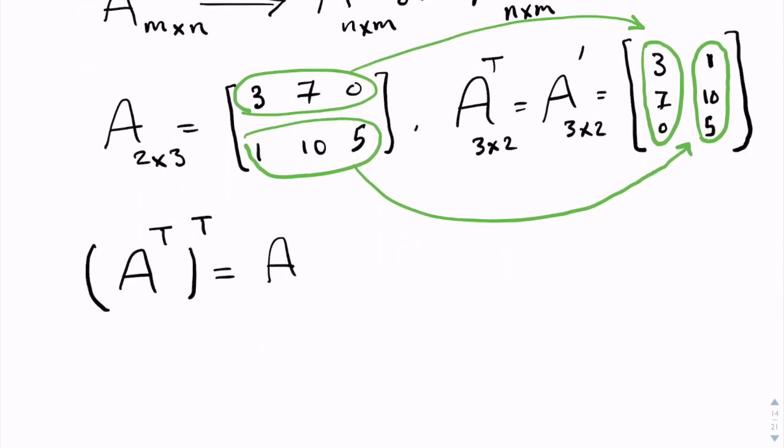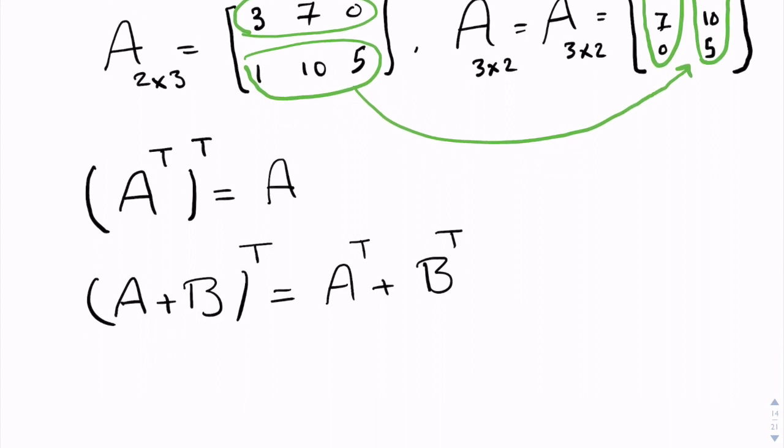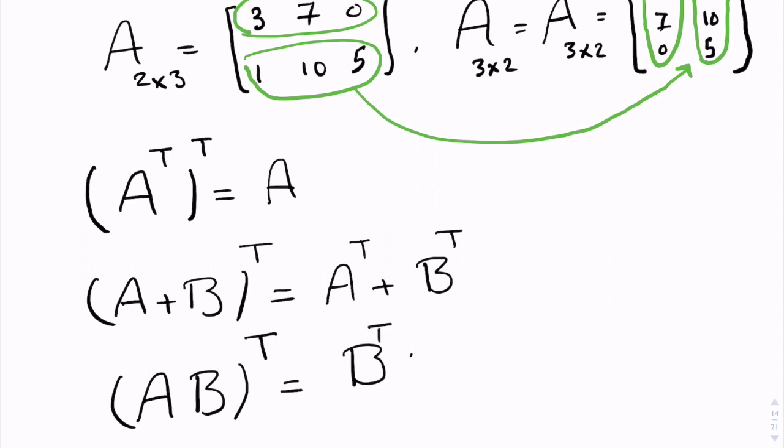Also, if you add two matrices and then take the transpose, this is equivalent to taking the transpose of the individual matrices and then summing them. And if you multiply two matrices and then take the transpose of the product, this is equivalent to taking the transpose of the individuals, but you need to reverse the order of multiplication. That would be equal to B transpose times A transpose.